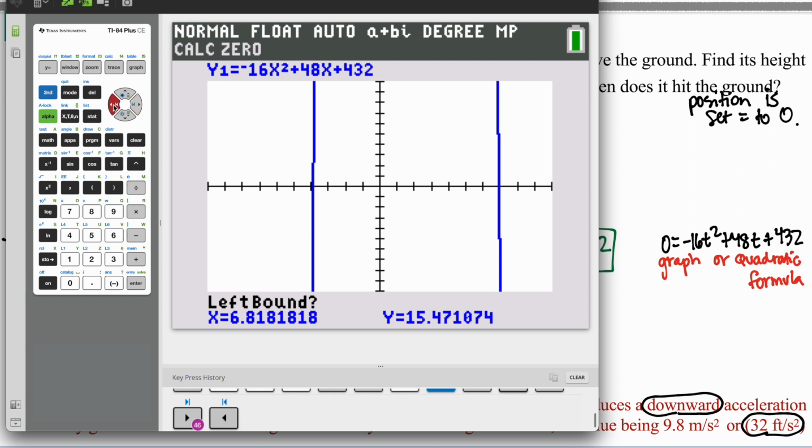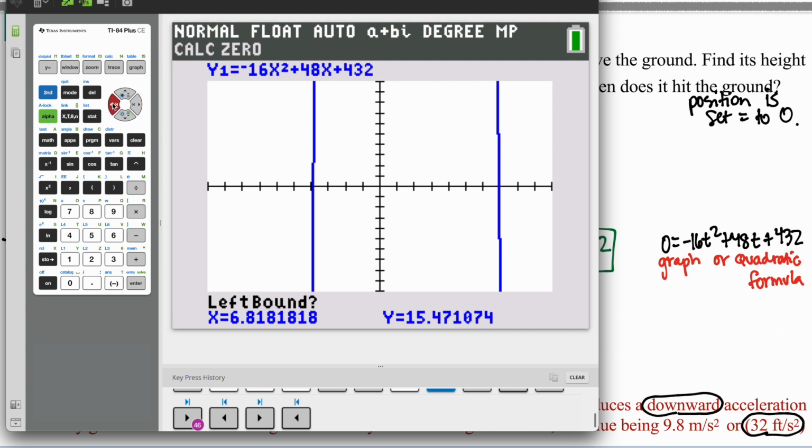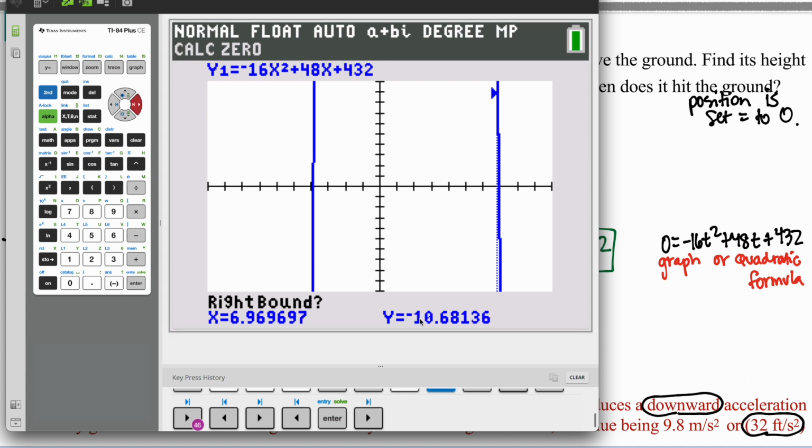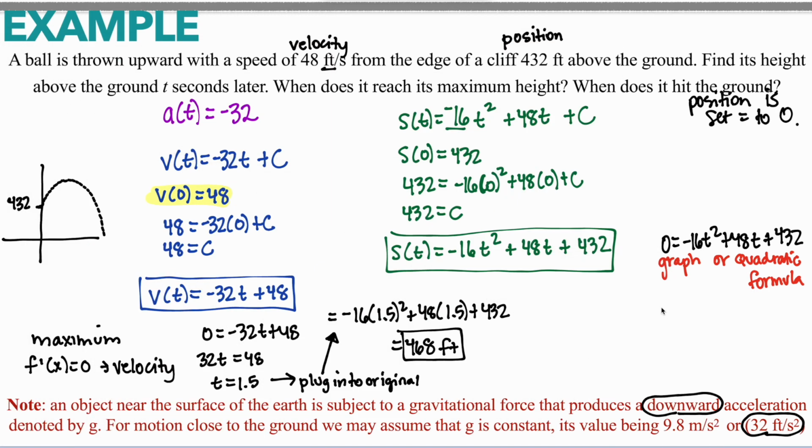Ooh, all right. 15 is up here somewhere, and then I go to negative 10 down here. So that must be my left bound, hit enter. My right bound is where I went negative, enter, enter, and it's at 6.91 seconds. So it actually hit the ground 6.91 seconds after it got thrown.